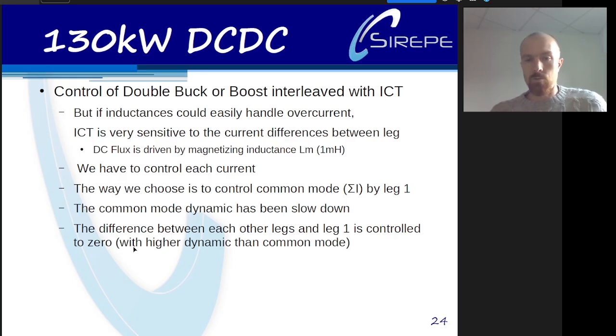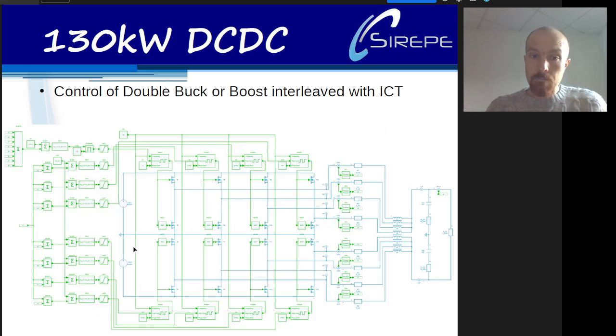The way we choose to control this is to separate common mode and differential mode. The common mode controls the sum of all the currents and controls the first leg, and we calculate the difference between the current of leg 1 and the other legs, and control this difference to 0 for each other leg.